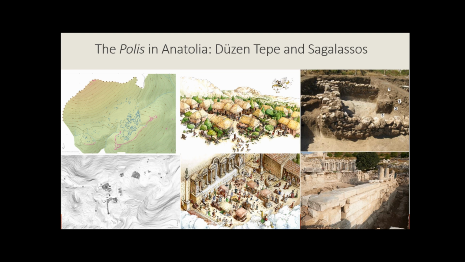And it's this transformation of Sagalassos which is an example of what in scholarly research is considered polis formation. So you have the development of a new form of material culture, monumental architecture, and a form of socio-political organization and institutions that is being developed.